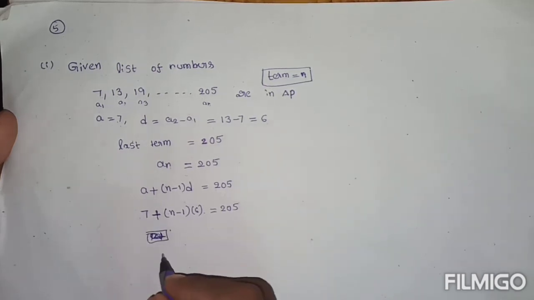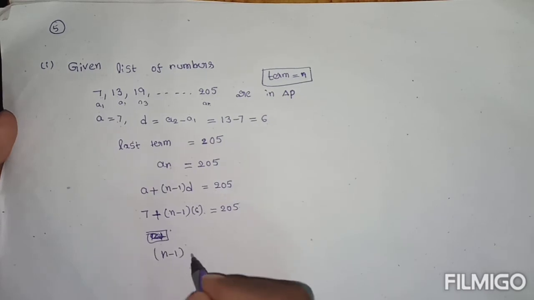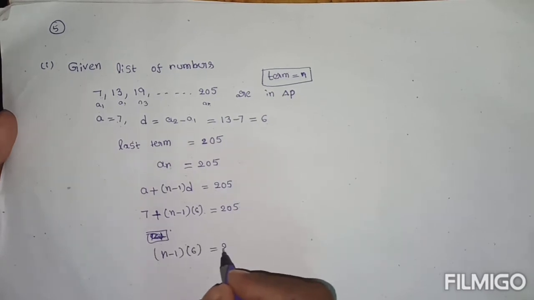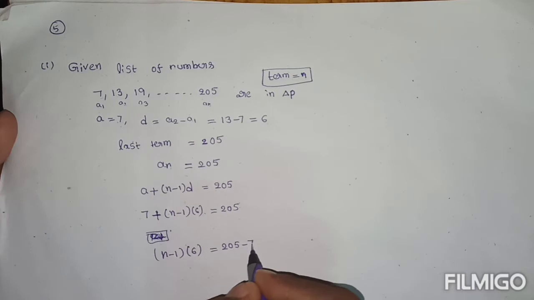Next step: transposing plus 7, n minus 1 into 6 is equal to 205 minus 7.